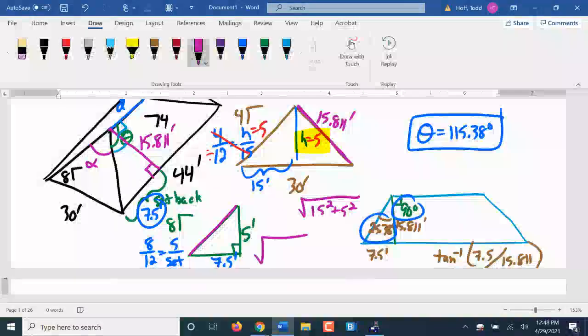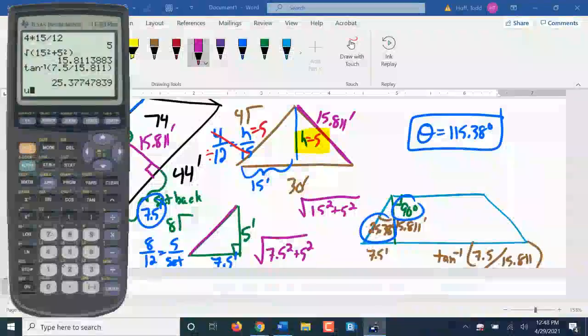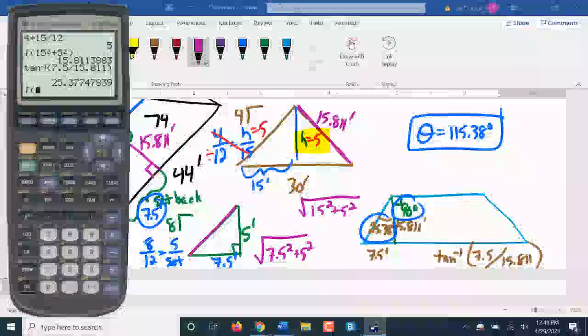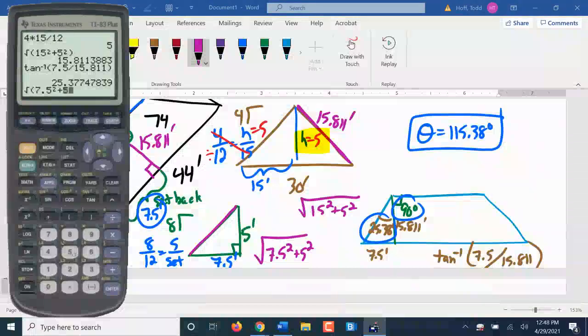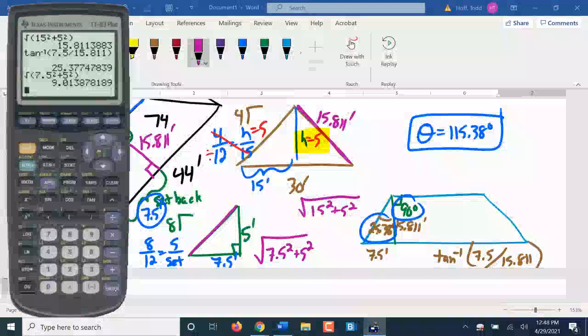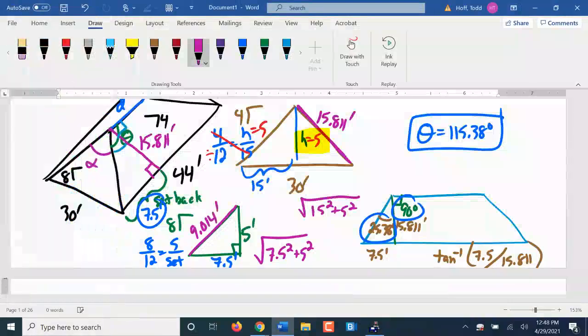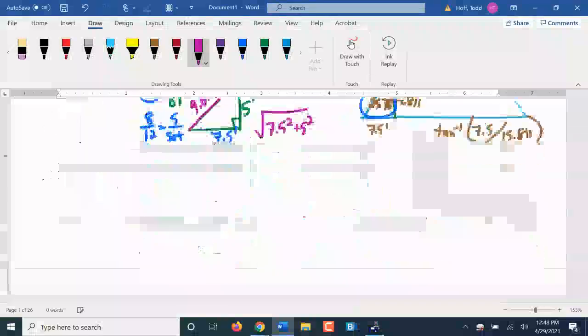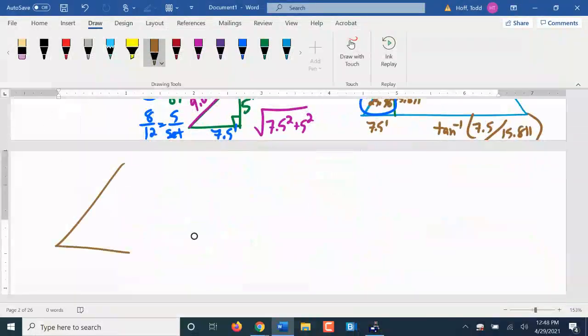That length is just going to be the square root of 7.5 squared plus 5 squared, giving us 9.014 feet. That would be this length right here. Now let's take a look at that. We know this is 9.014 feet.